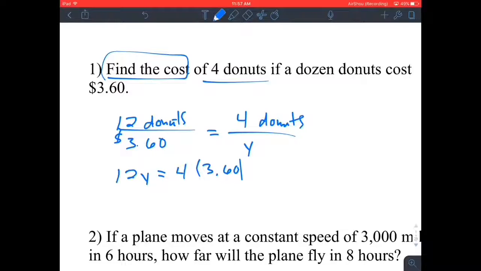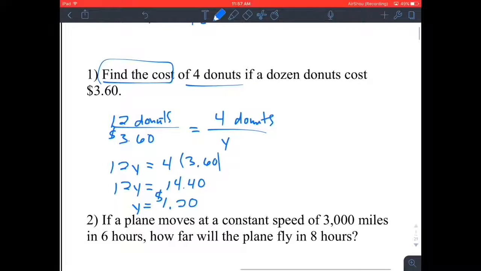And then we could multiply 4 times 3.60, and we get 12y is $14.40. And if we divide both sides by 12, we're going to get 1.2. Talking about money, so we should do decimal places. We get $1.20. That's one way to do this problem.